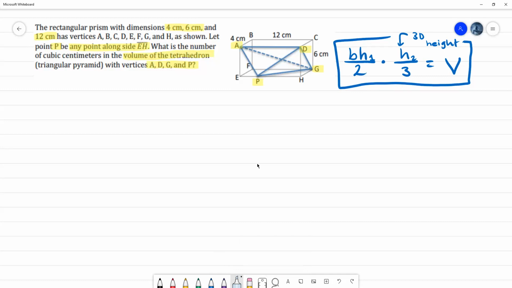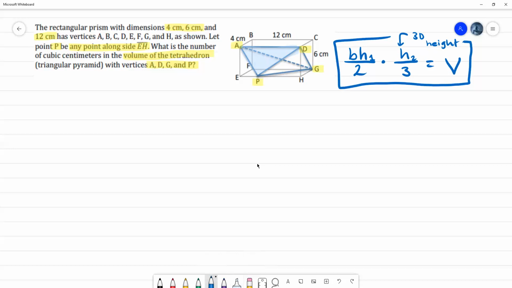Another example is triangle APG could be the base, and point D could be the top. But the easiest way to solve this problem is taking APD as our base. And you'll see why.